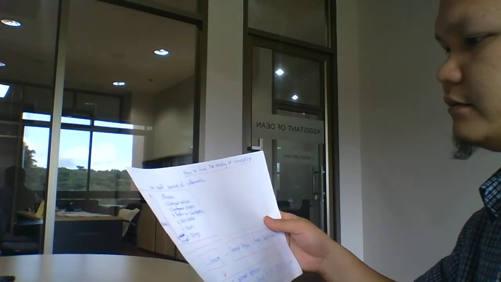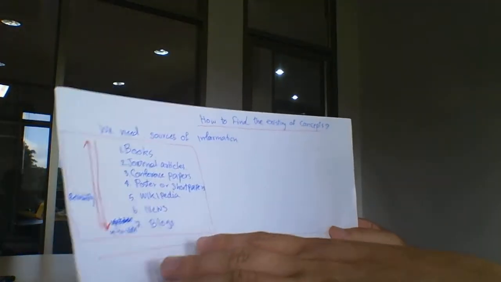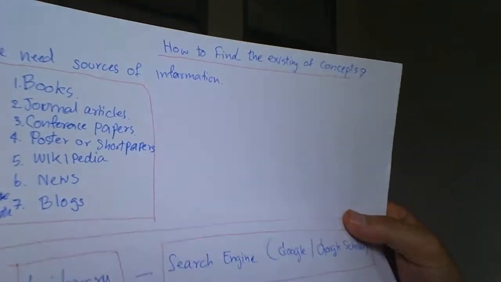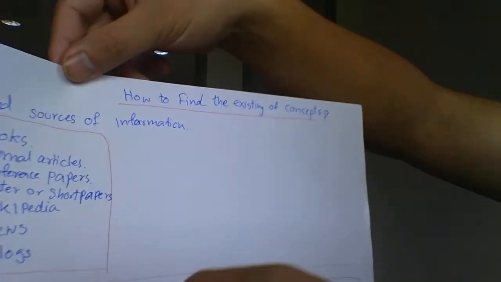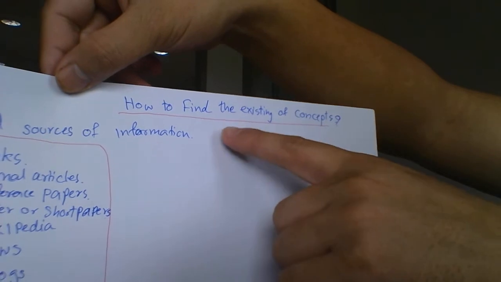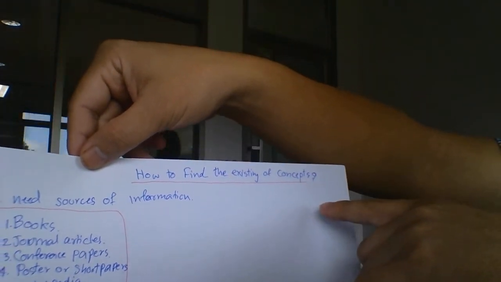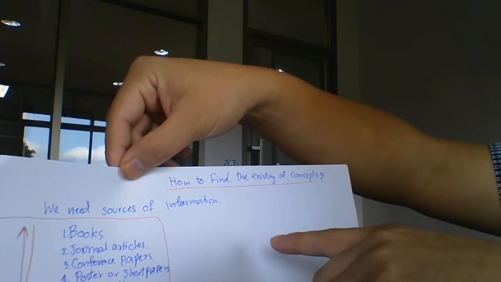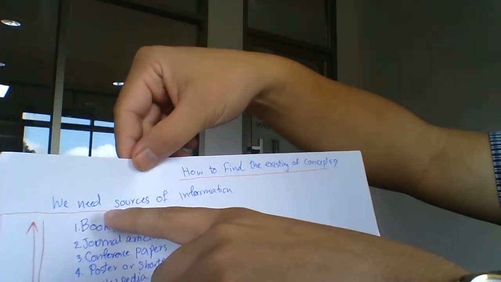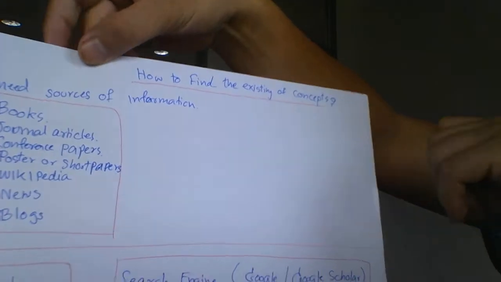I hope I did not skip any process. Oh, this one I forgot actually. Sorry. How to find the existing concepts? We need sources of information.